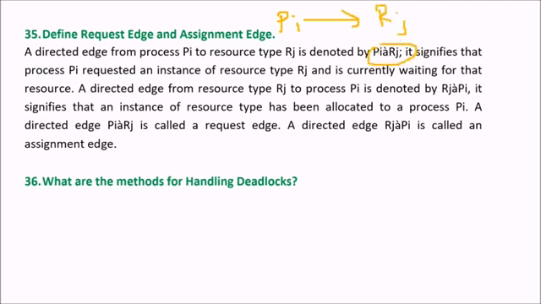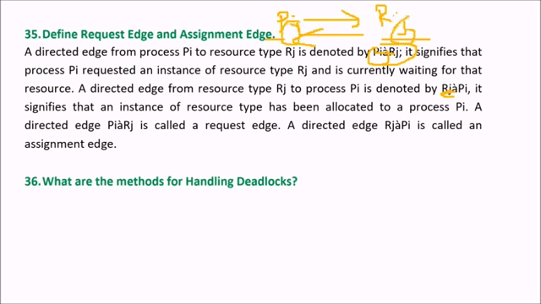It signifies that the process Pi has requested an instance of Rj and is currently waiting for that resource. A directed edge from Rj to process Pi is denoted by this one. It signifies that an instance of resource type Rj has been allocated to Pi.